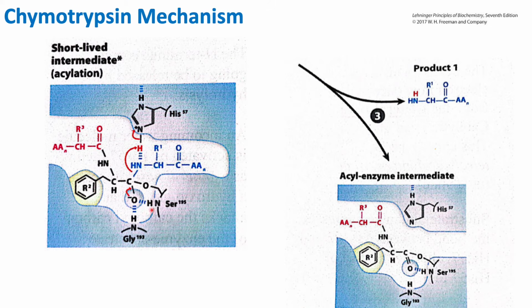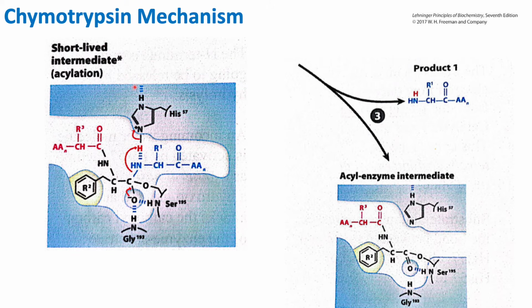So here we can see that oxygen has gained a lone pair, and it's gained a negative charge. We can also see that the serine, this oxygen, remember that this oxygen just nucleophilically attacked this carbon in the previous step. We can also see that histidine now has formed a covalent bond with hydrogen. Now what's going to happen is that this is a very short-lived intermediate, okay?